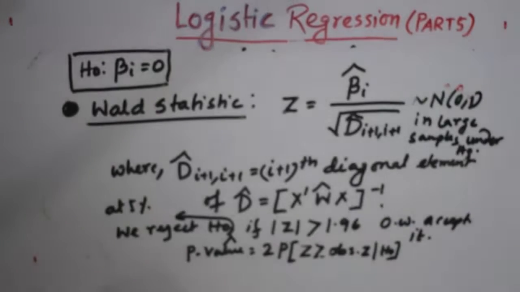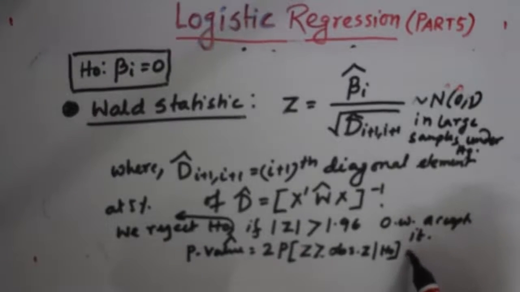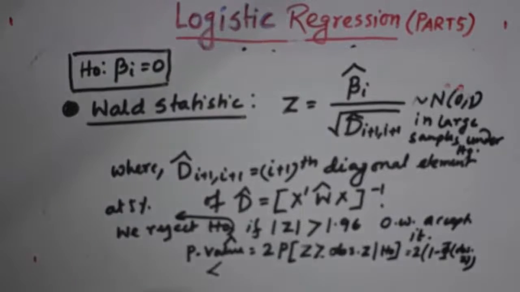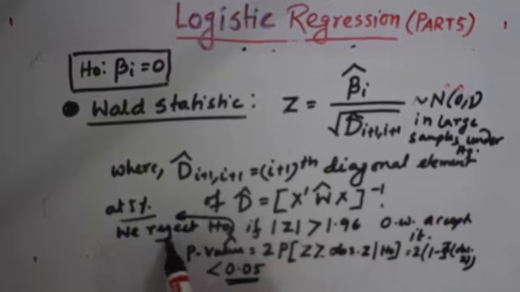So this is nothing but 2 into 1 minus capital phi of observed Z. Capital phi is the CDF of the standard normal distribution. If the p value is less than your level of significance, here I consider 5%, so if the p value is less than 0.05, then we reject H naught, otherwise accept it.